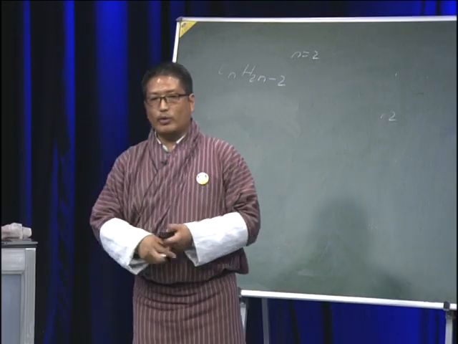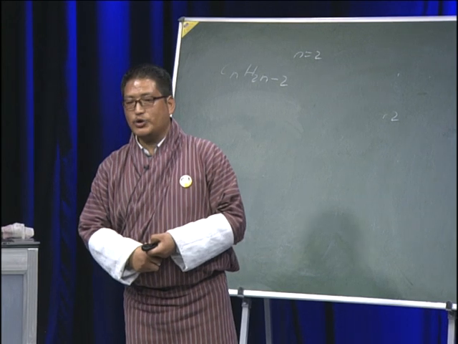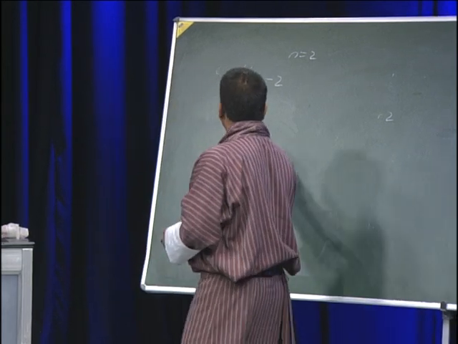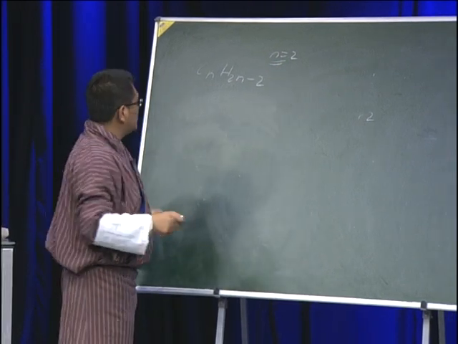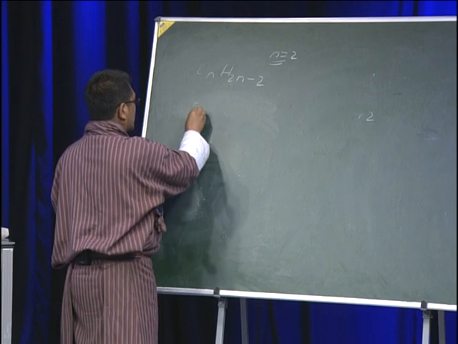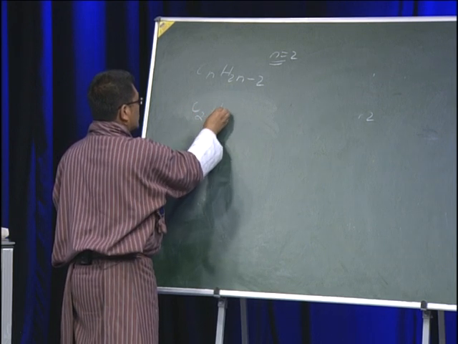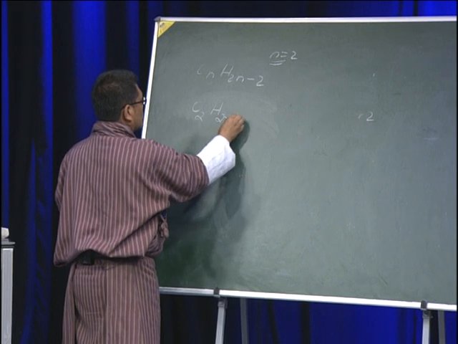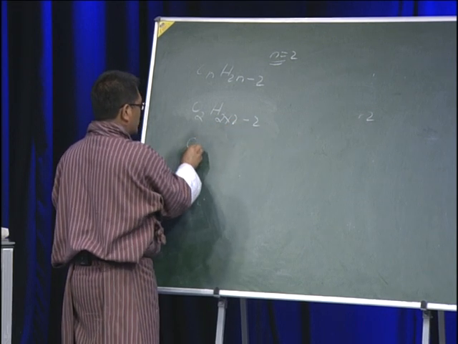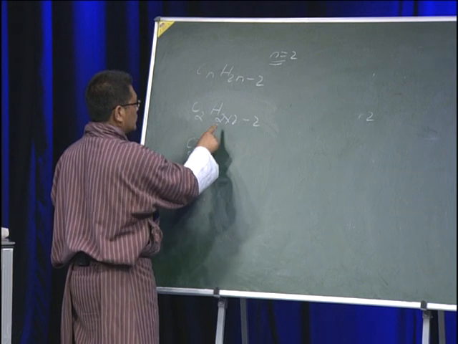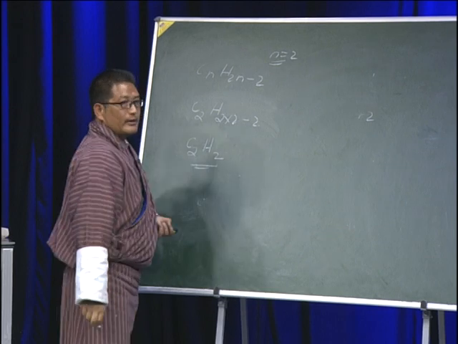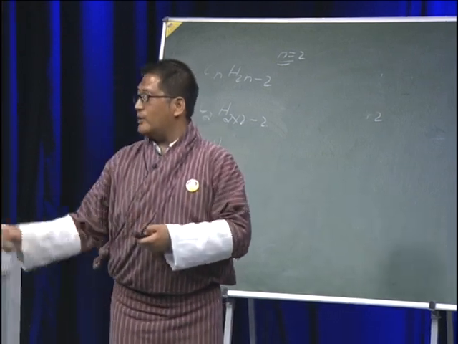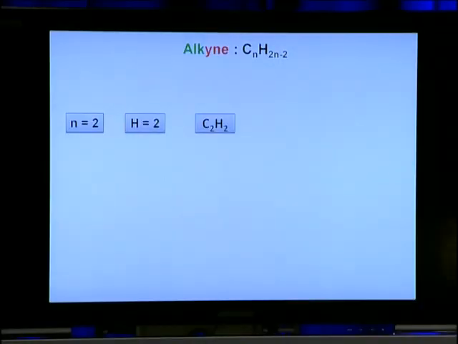So when n is equal to 2, let's find out the value of H. Substituting the value of n as 2, H should be equal to 2 times 2 minus 2, which is 4 minus 2, equal to 2. And this is the formula of this compound, C2H2, the first member of alkyne.